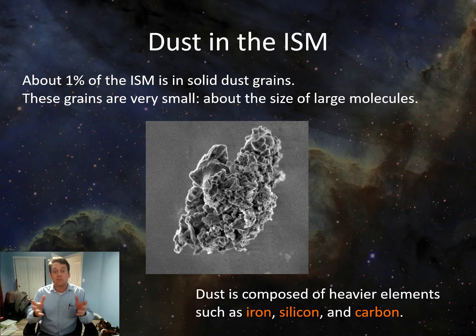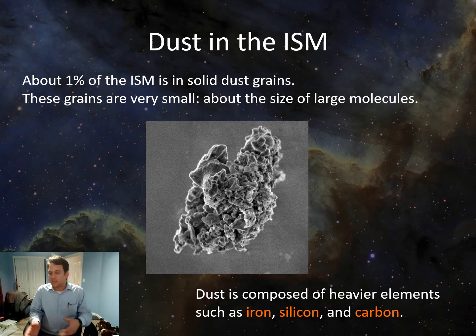Certainly, these are about the size of large molecules. So they're small relative to anything you can see with the naked eye, but they're certainly much larger than the atoms and molecules of gas that we've talked about in the interstellar medium already. Most of the interstellar medium is hydrogen gas, and hydrogen is the smallest atom in the universe.